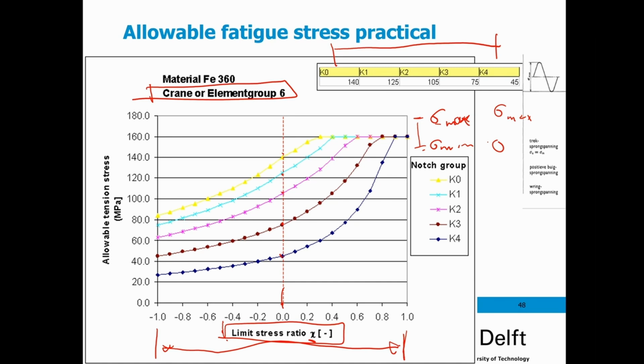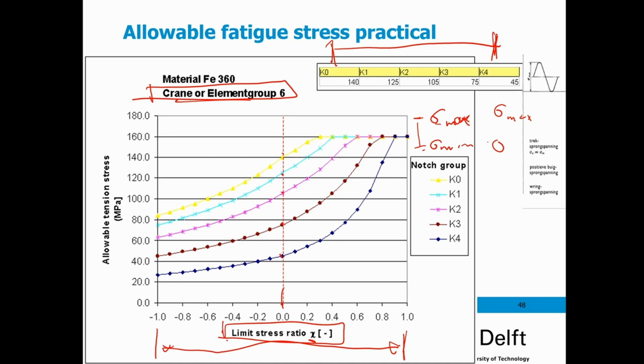But the beauty of the method of lifting appliances is, if I know my classification, so I have an idea of the number of load cycles, I know what the classification is for fatigue on a certain spot, I can directly come up with a curve and then check, okay, what is my allowable stress?